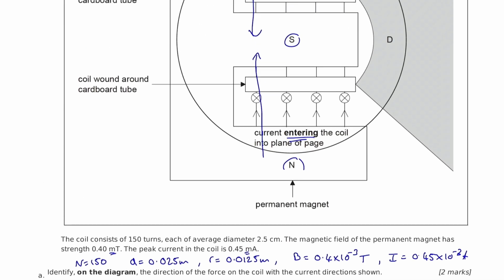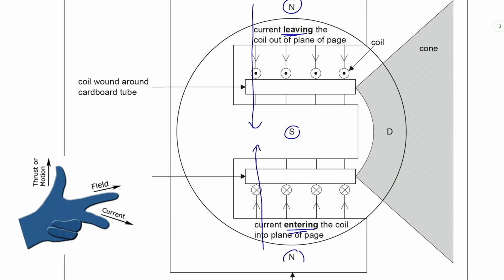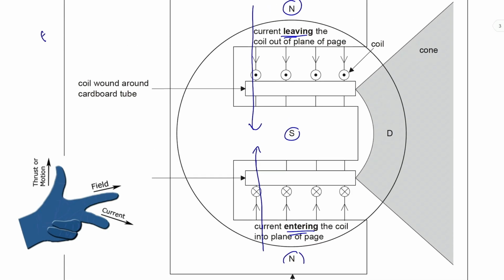Question 5a. Identify on the diagram the direction of the force on the coil with the current in the direction shown. We're going to have to use Fleming's left-hand rule here. Left is really important, we use the left-hand rule. We have our fingers mutually orthogonal, so they're all perpendicular to each other.